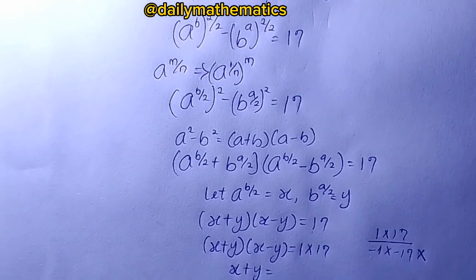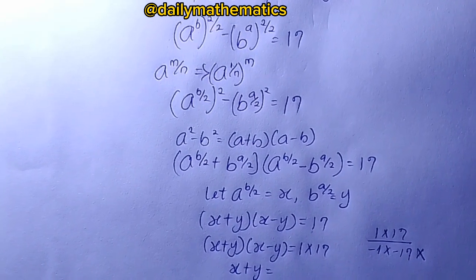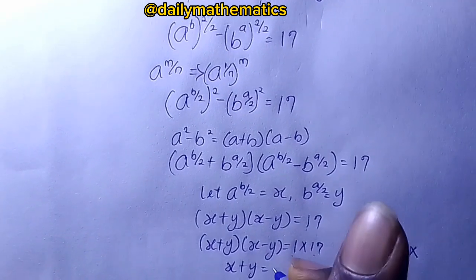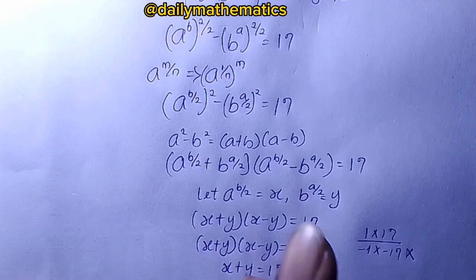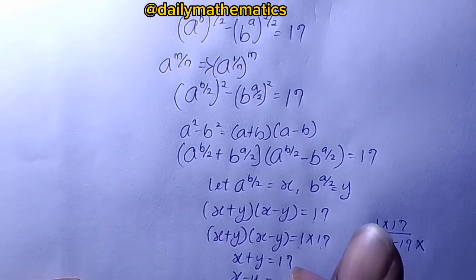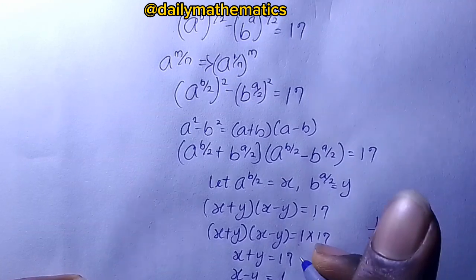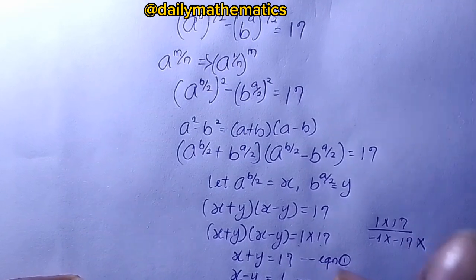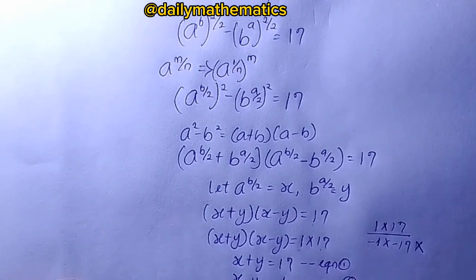So we're going to equate it to a greater value. So x plus y equals, what's the greater value in 1 and 17? 17. And x minus y equals 1. Right? So we can term this as equation 1 and this as equation 2, right?